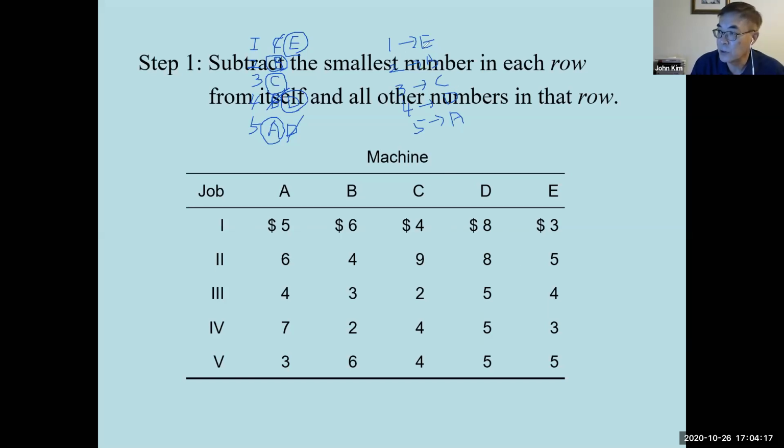So job 1 assign E, and job 2 assign B, and 3 to C, 4 to D, 5 to A. So total is 3 plus 4 plus 2 plus 5 plus 3 equals 17.